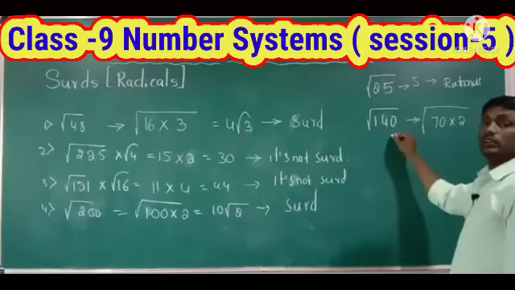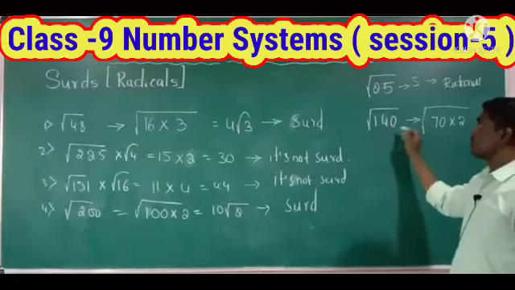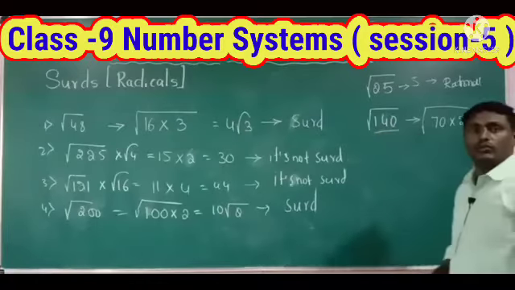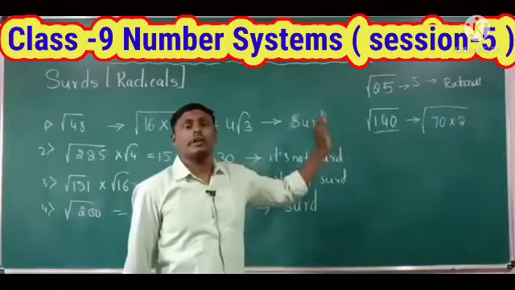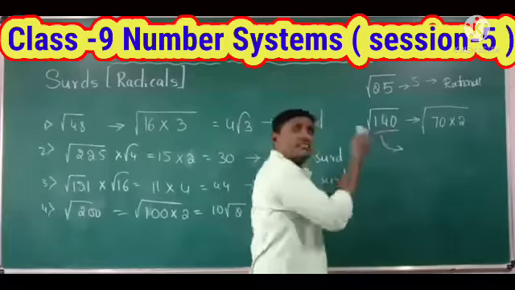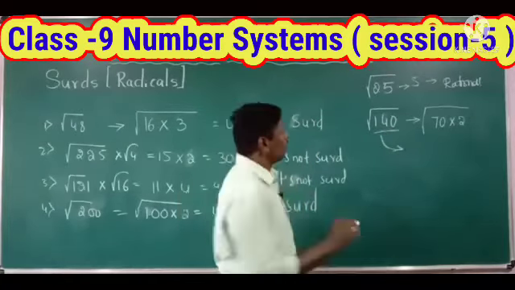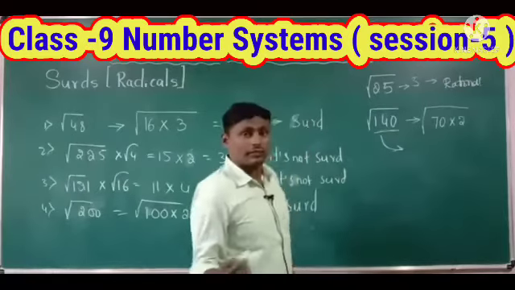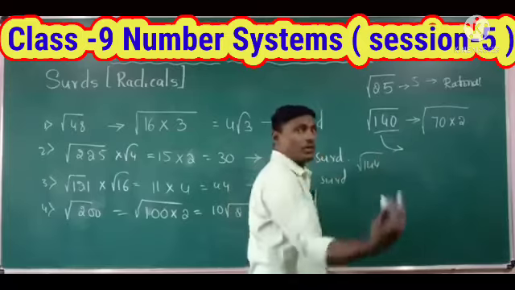It means, are there any other factors to find whether root 140 forms a radical or not? No. Because root 140 is not a perfect square number. So which is the nearest perfect square number here? Root 144, it is a perfect square, of 12.